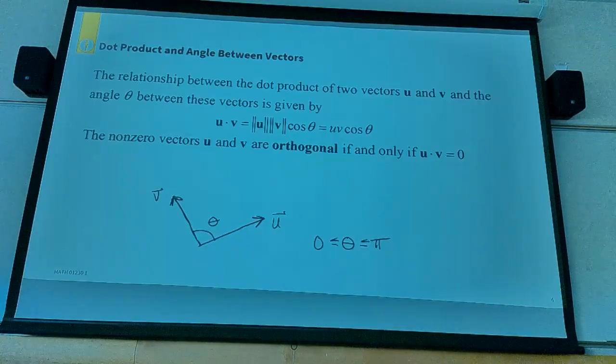There are actually three ways to say forming a right angle: perpendicular, orthogonal, and normal.